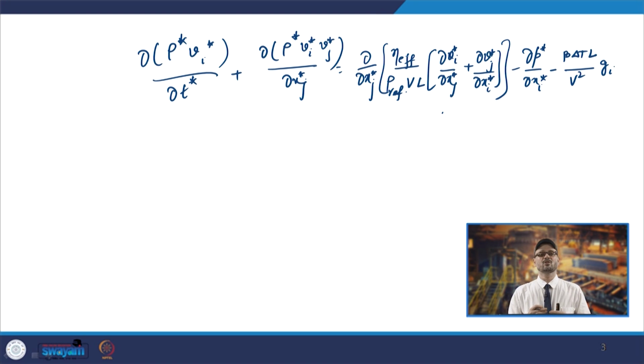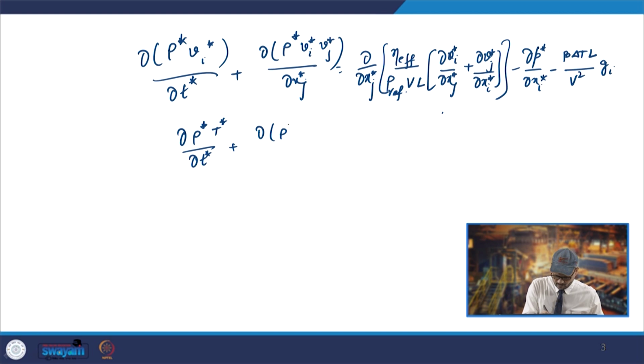Then if you do the non-dimensionalization of the thermal energy equation, that will be coming as dou of rho star T star divided by dou T star, and then you will have dou of rho star T star and V j star divided by dou x j star.